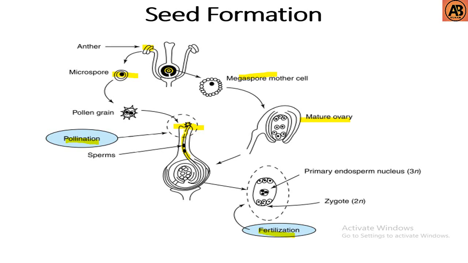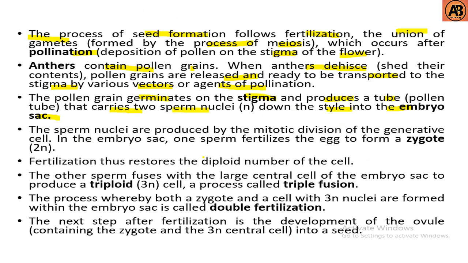And the tube carries two sperm nuclei. Then the sperm nuclei go to the mature ovary.